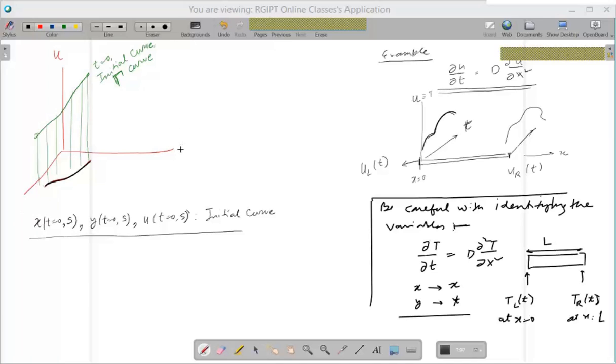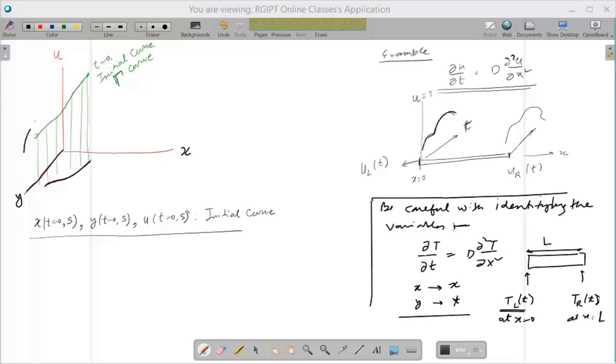Let's call this x. And in that case, this would be your t, or y. So I'm just using the same notation for diffusion problems. So x identified as x, y as t, and at x equal to 0, that means on this line, your dependent variable u is specified as a function of t.